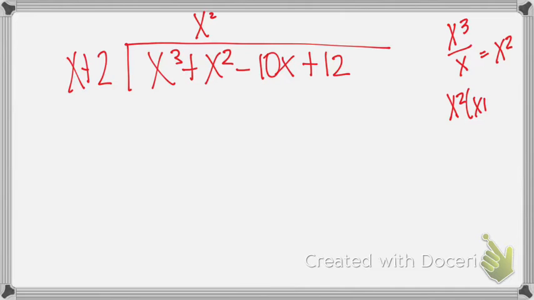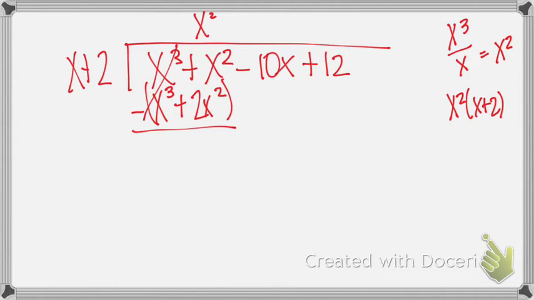X squared times x plus 2, and we get x cubed plus 2x squared. When we subtract those, these cancel, and I have 1 minus 2, which is a negative 1x squared.